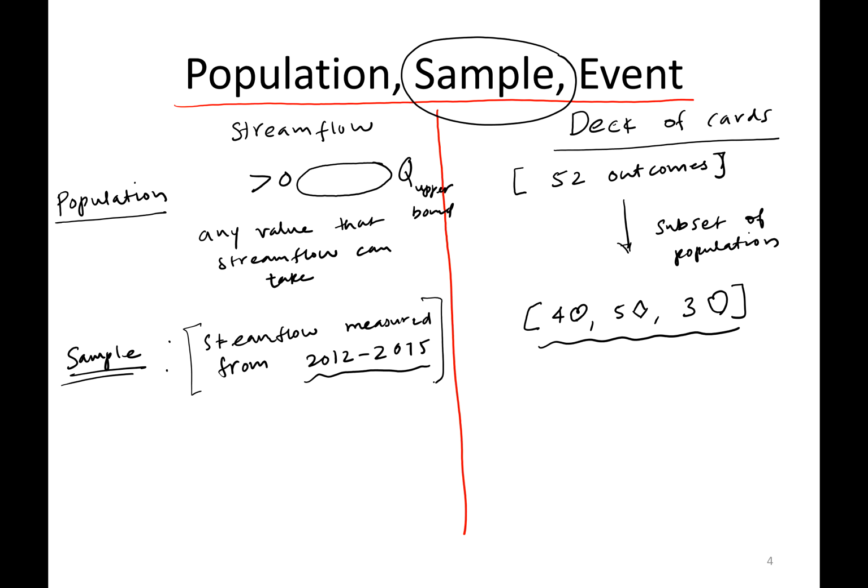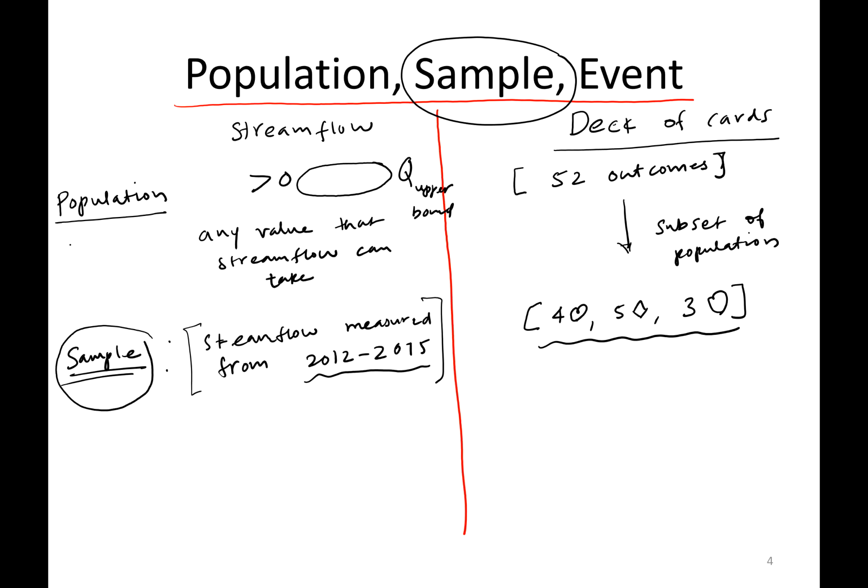Many times if we have measurements at a river, most of those measurements were not carried out ever since that river exists. Many times you will see a stream gauge installed maybe last year or 10 years ago or maybe 100 years ago, but what you have is that 100 years of data, which is a sample.